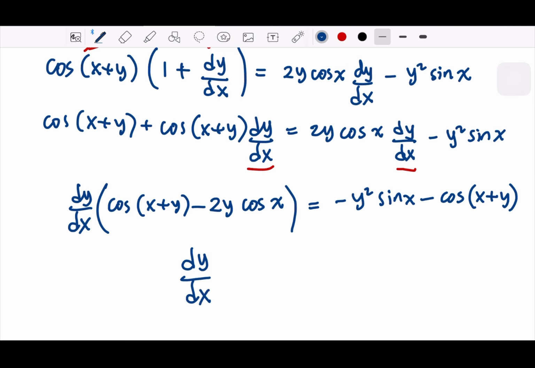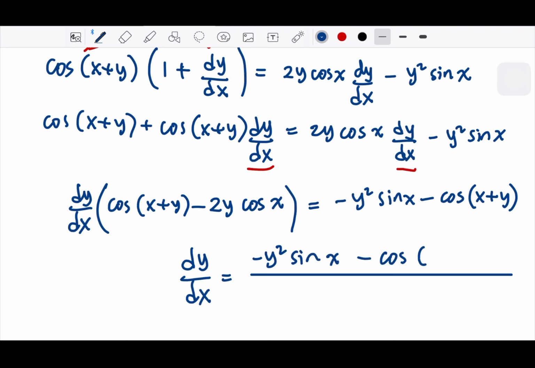And dy over dx is equal, it's quite long here, negative y squared sine x minus cosine x plus y, over cosine x plus y minus 2y cosine x.